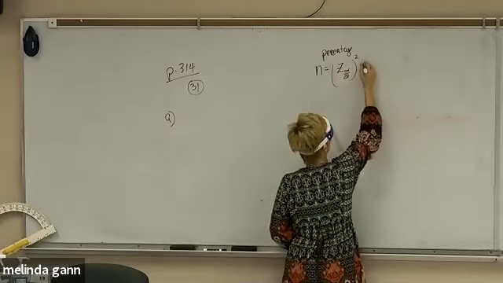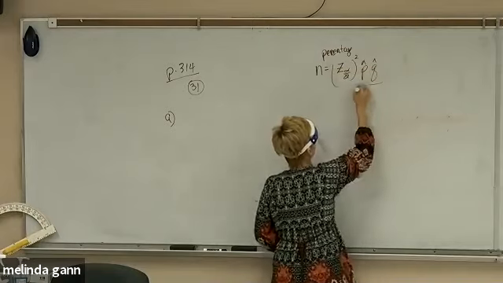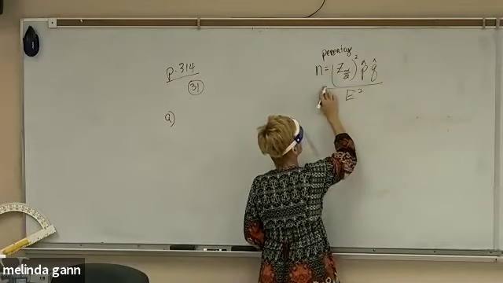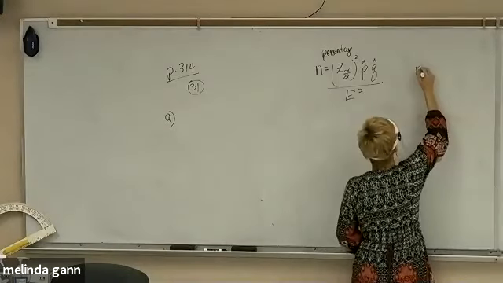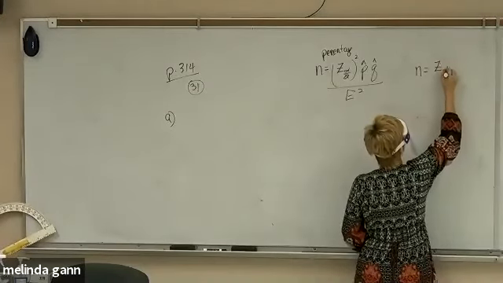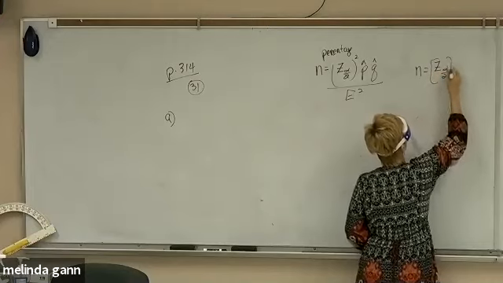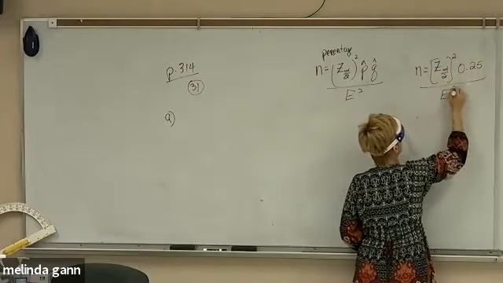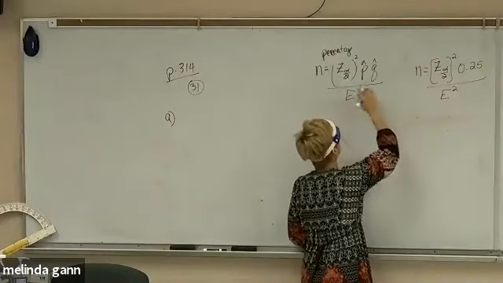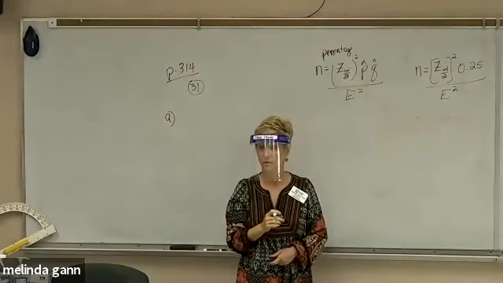And then it's got a P hat and a Q hat, and then that over an E squared. Then the other one says that N is Z sub alpha divided by 2 squared. Then it's just got 0.25 and it's over E squared. Aren't those the 2 formulas that deal with proportion and percentage?